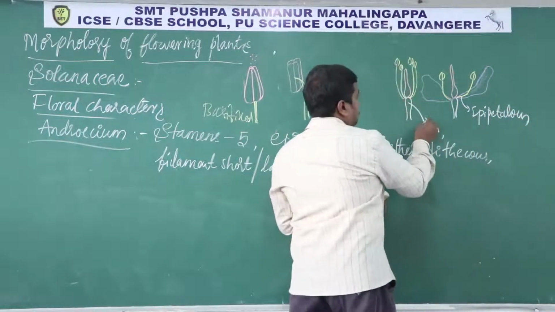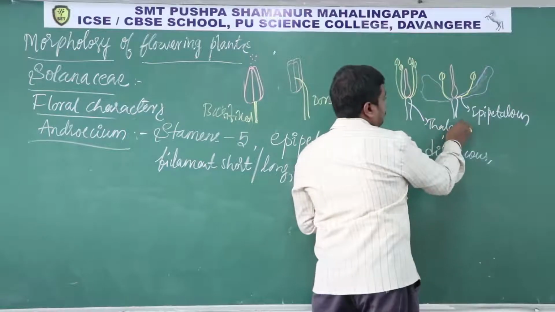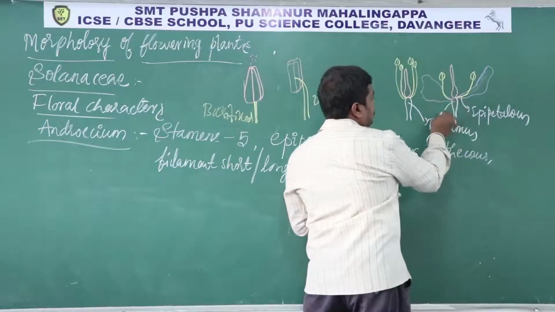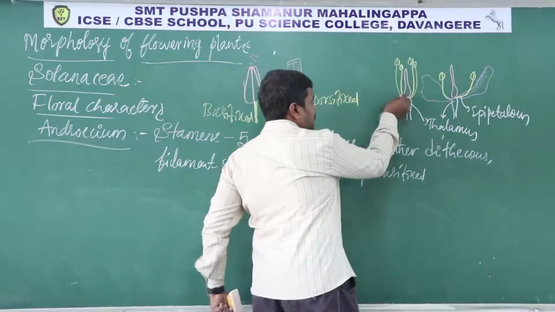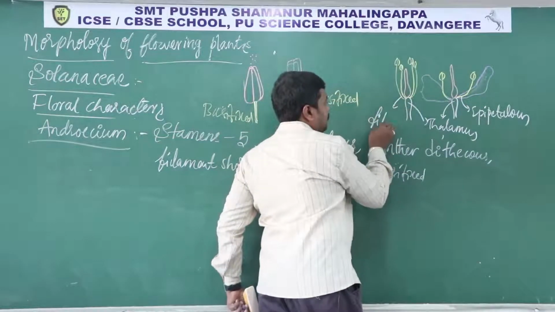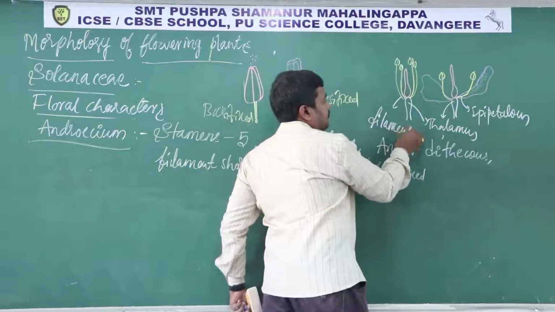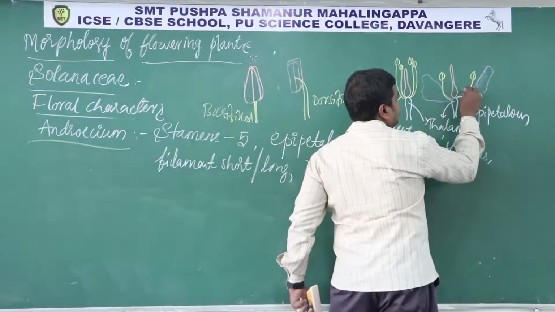Okay, so this is epipetalous. This is the thalamus. This is also thalamus. In this case, the filament is attached to the thalamus. So this is the filament.